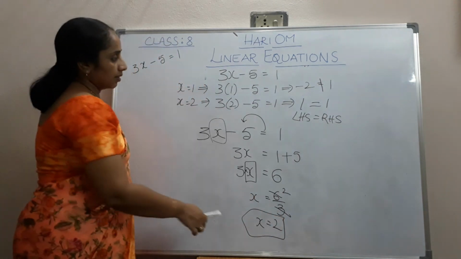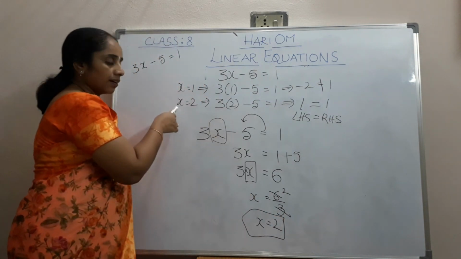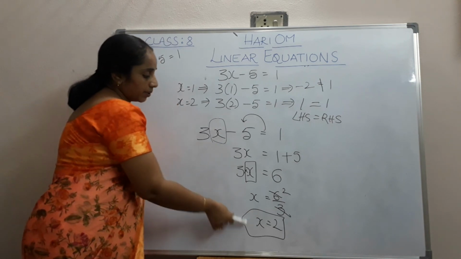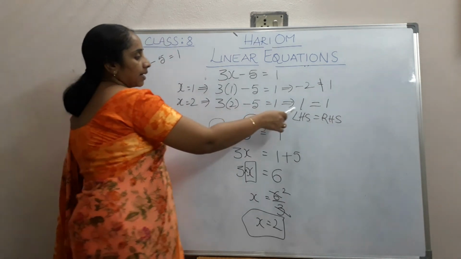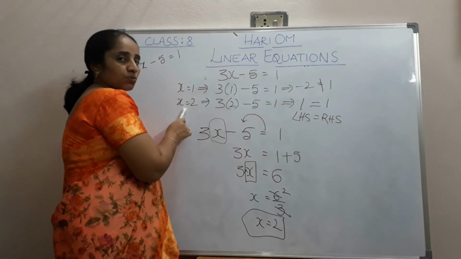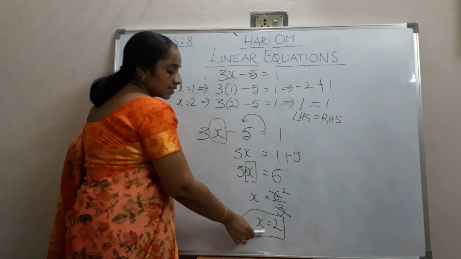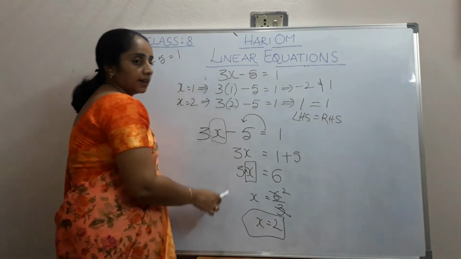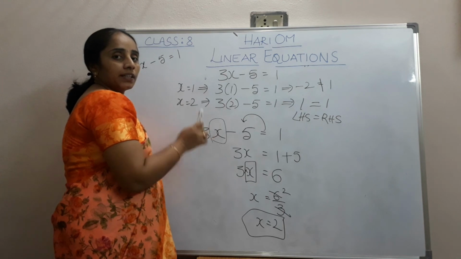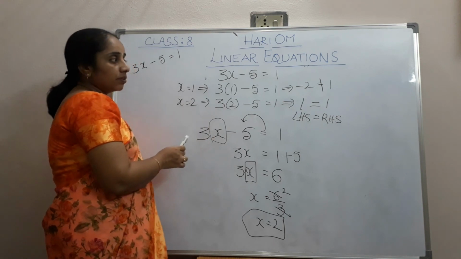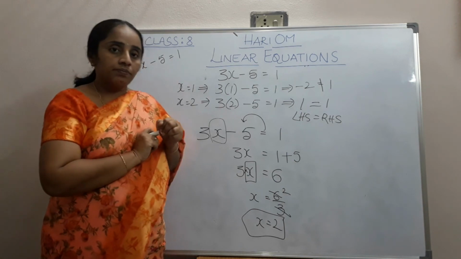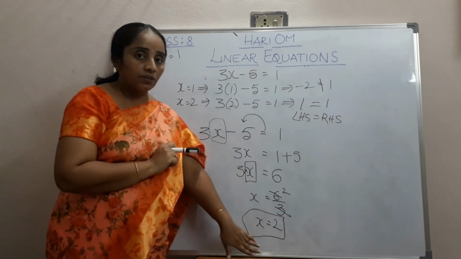See, by the trial and error method also we got the same LHS equal to RHS for the value 2. So x is equal to 2 is the solution or root of the equation. Now there may be a doubt: is there any other value like this 2?